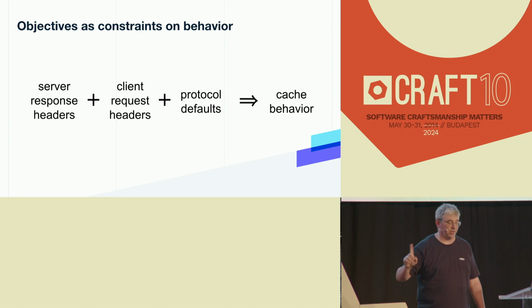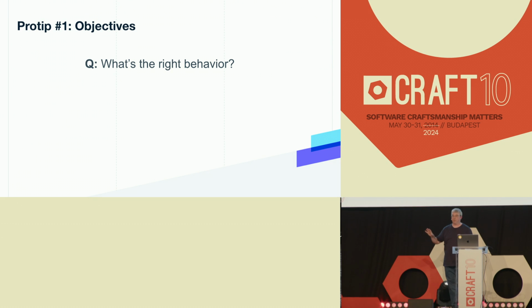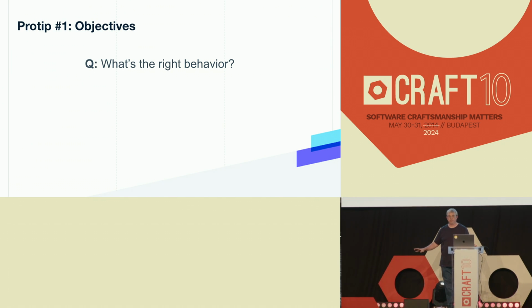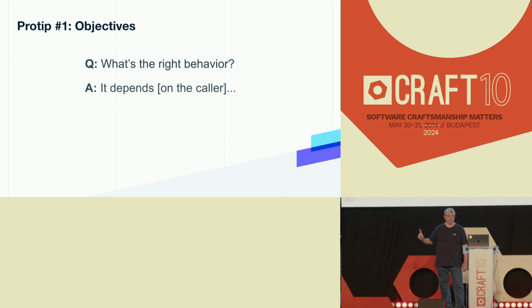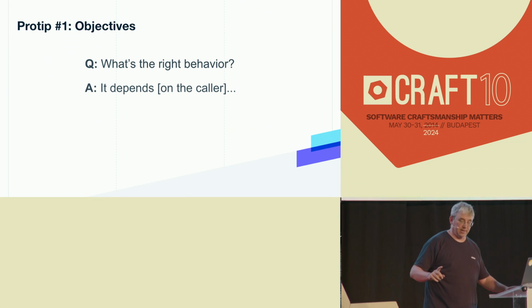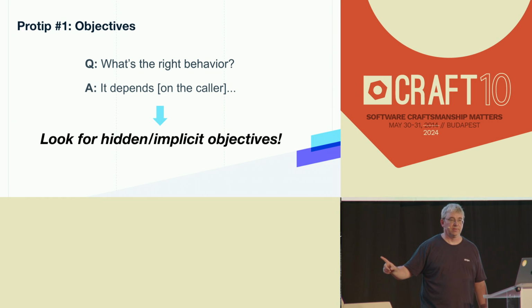So here is my first pro tip. If I have a situation in an implementation where I am asking myself, okay, I'm in this situation, what should I do? If the answer is, it depends on what the caller or my client is trying to do, then you might have hidden or implicit objectives, right?